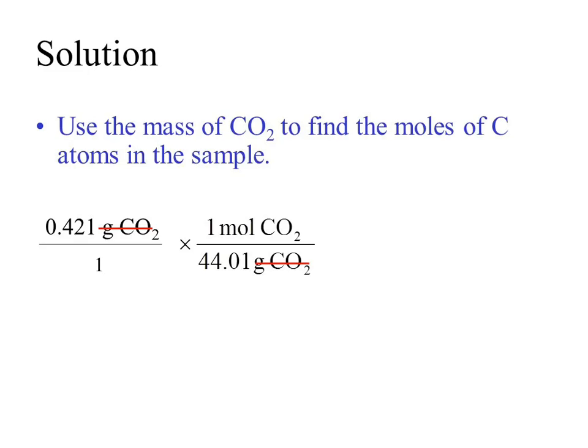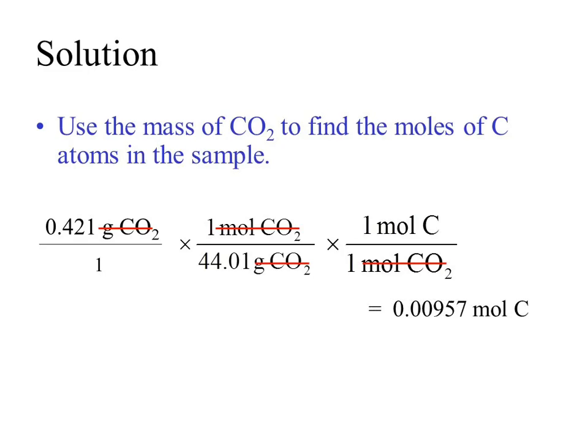Stoichiometry, exactly. 1 mole of carbon over 1 mole of CO2, exactly. And we're done. Rounding it to 3 significant figures, the moles of carbon that we're going to be using is 0.00957 moles. Moles of carbon in the thing that you burned.